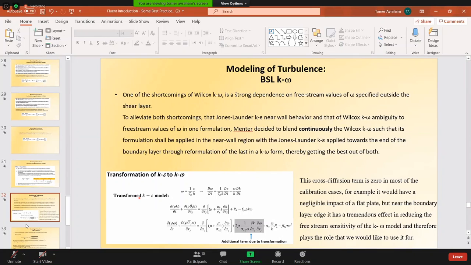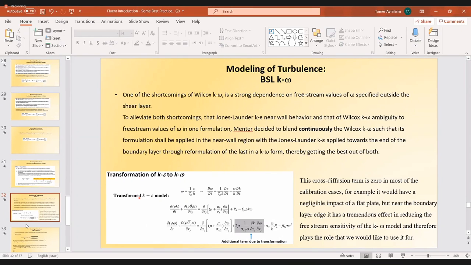But it had a strong dependency on the free stream values from the inlet. Okay, it means that little changes in the inlet could make a 20% difference in the omega, but eventually in the eddy viscosity calculated.